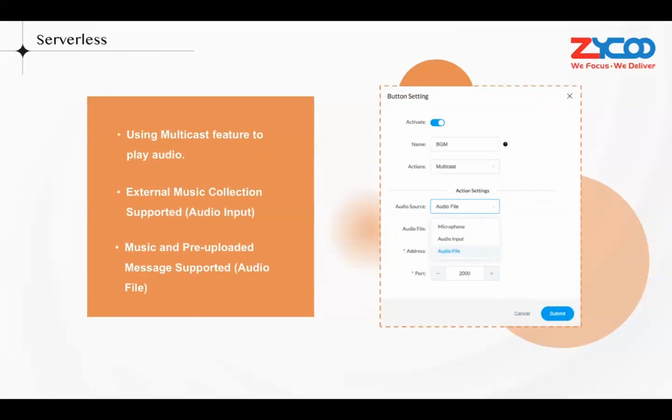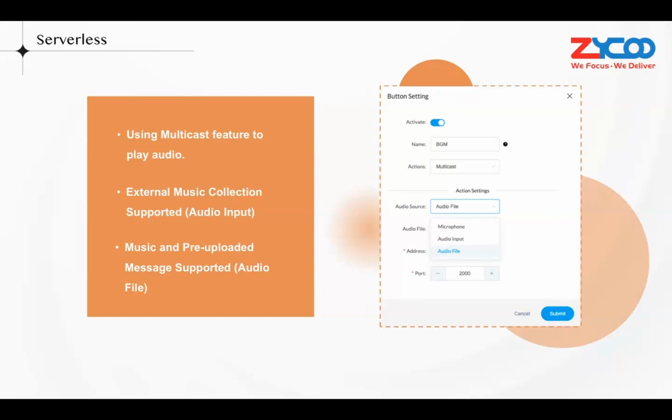Okay, and one of the most innovative features of the M100 is its multicast functionality. For a lot of clients operating without a SIP server, this feature enables some powerful capabilities like paging and background music playback.